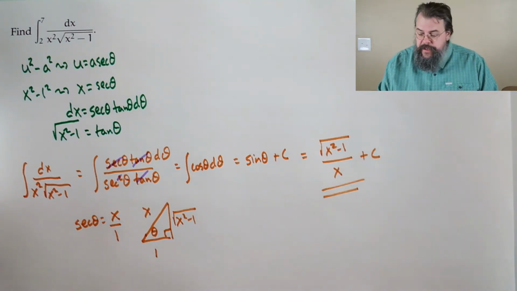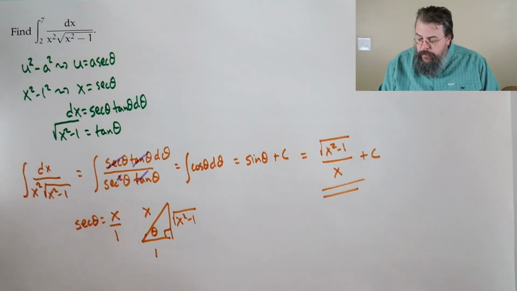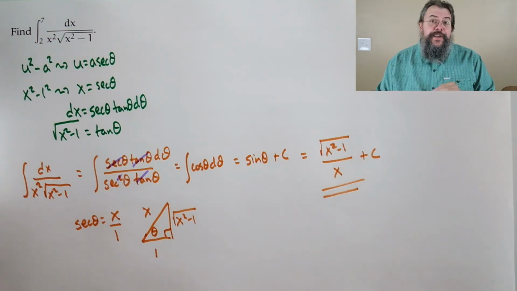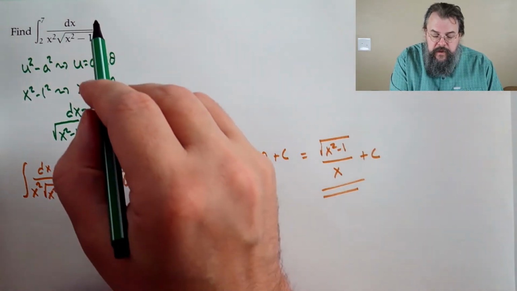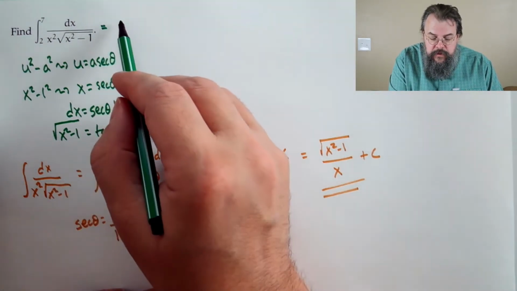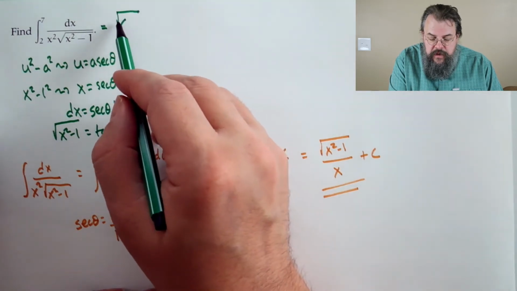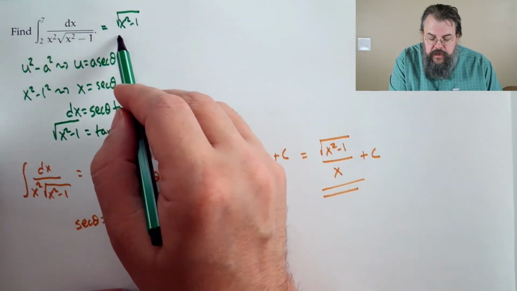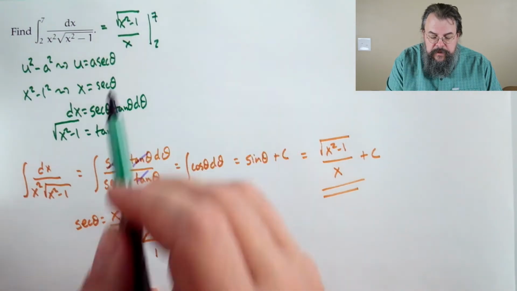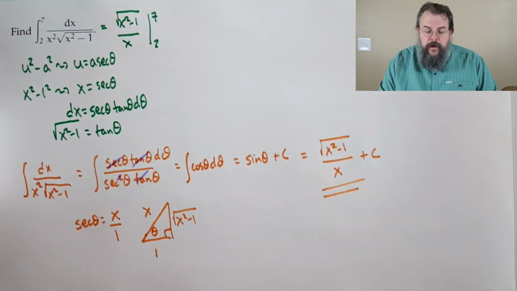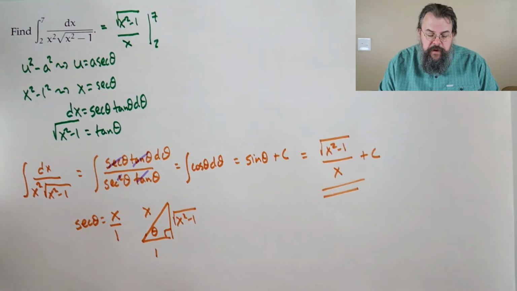But we have a definite integral. So now we take this knowledge and go back to our original problem. And we say, this is the same as the square root of x squared minus 1 over x from 2 to 7. All right, well, let's think about that. See if we can simplify it.